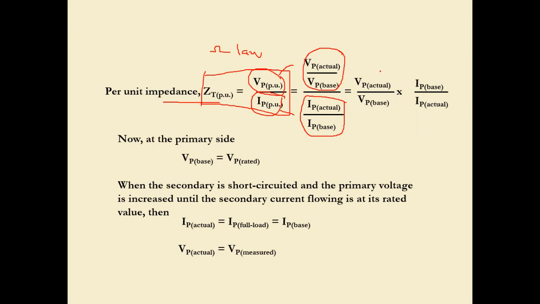So this is the derived formula we can obtain to represent Z T PU, because in the beginning of this analysis, in the question, we were asked to calculate Z T PU. Now, at the primary side, V P base, the base of primary voltage, is equal to the rated voltage of the primary part of the transformer, the V P rated.